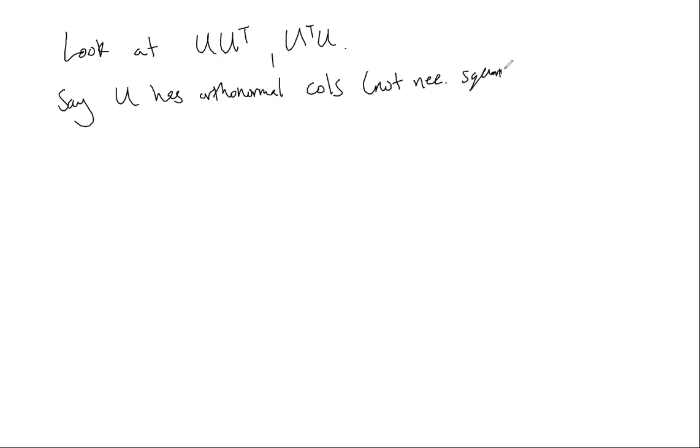So it just has orthonormal columns. Let's look at U transpose x and U transpose Ux and see what these are equal to. Let's do the second one, it might be easier.